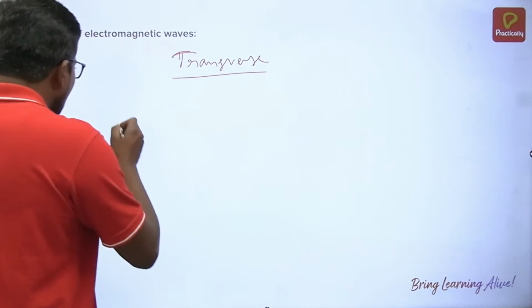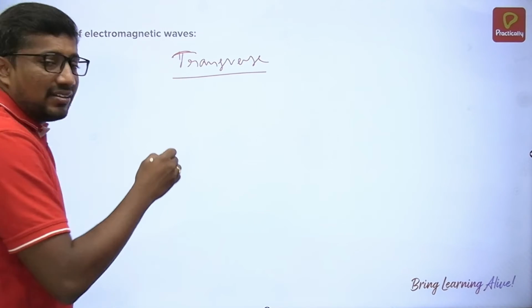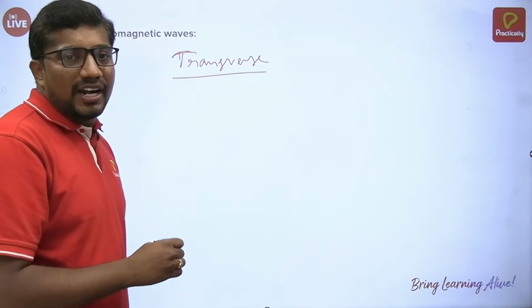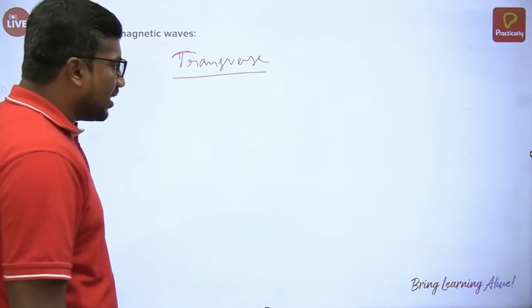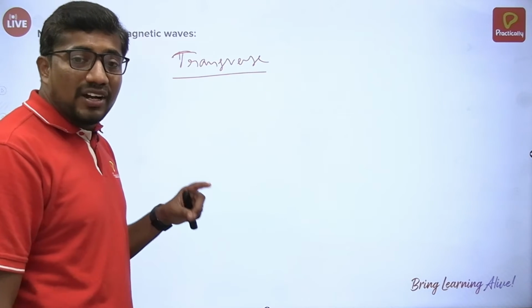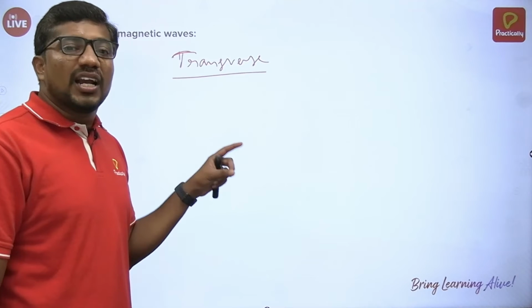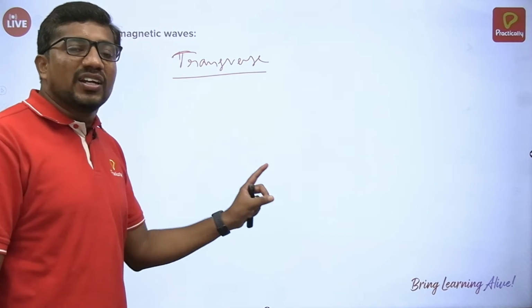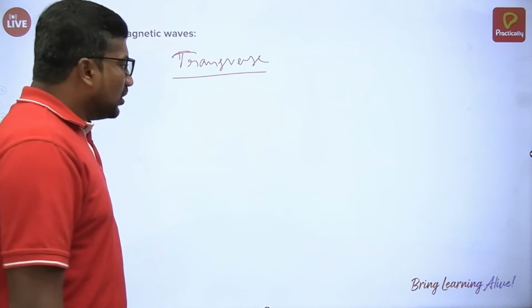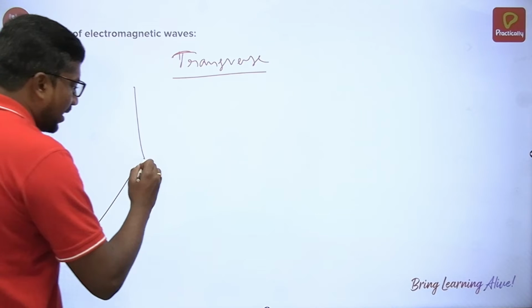Alright, so basically they will be varying sinusoidally, having both electric and magnetic fields. Both the electric field and magnetic field are perpendicular to each other, and both fields are perpendicular to the direction of propagation of the wave. So I will take this transverse XYZ plane.